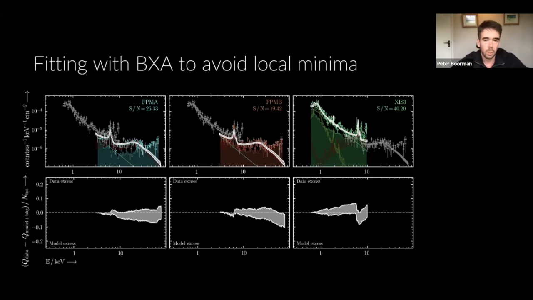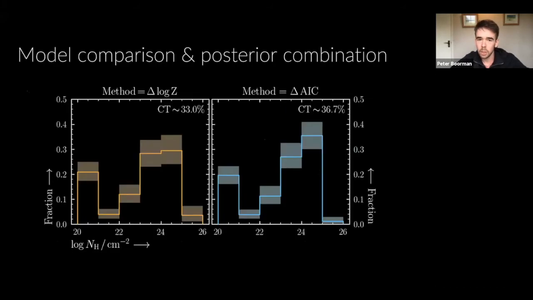Okay. And then in the last session, one thing we're going to be covering is this ability of combining individual source posteriors to derive a population distribution from a sample. Okay, so as I said earlier, I'm interested in finding out in a sample of AGN what the column density distribution is, right?